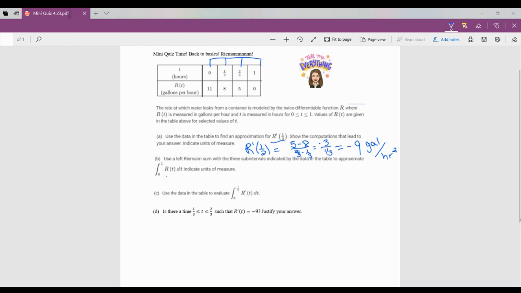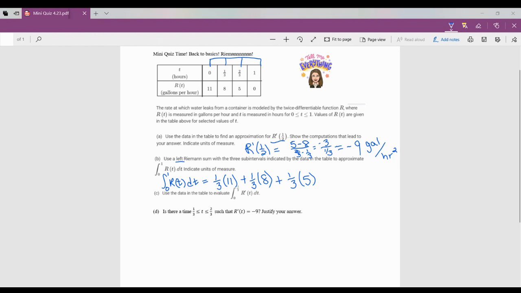So we've got the integral from 0 to 1 of R of t dt is going to equal approximately, the distance from 0 to 1/3 is 1/3, times, then we pick the one on the left because it's a left Riemann, so 11, plus the distance from 1/3 to 2/3 is 1/3, times the one on the left, 8, plus the distance from 2/3 to 1 is 1/3, times the one on the left, 5.